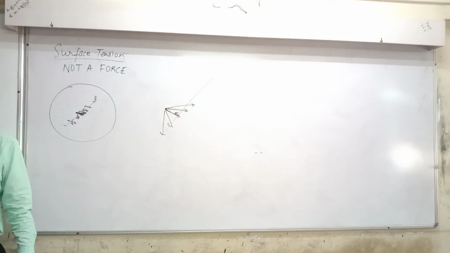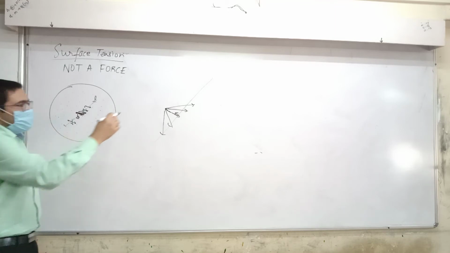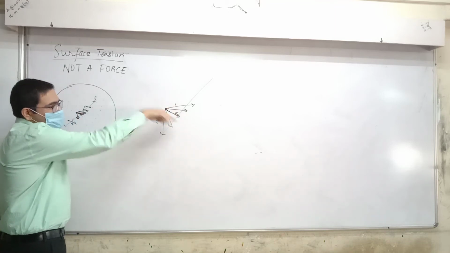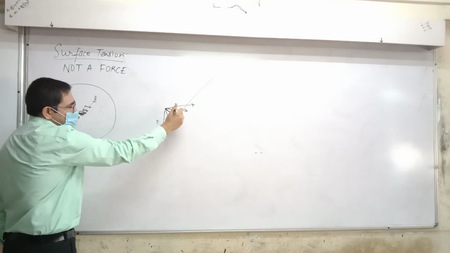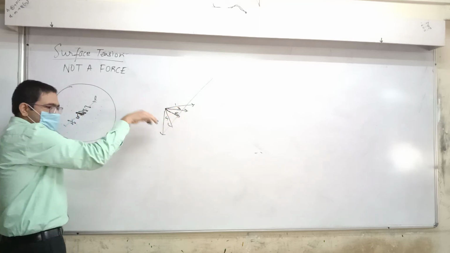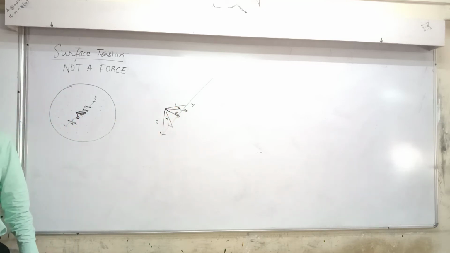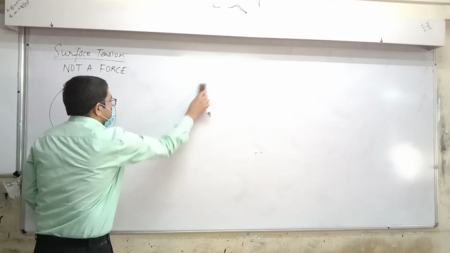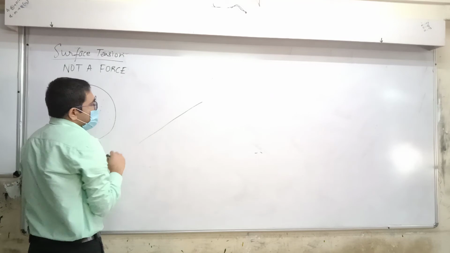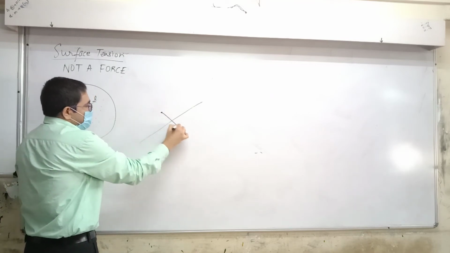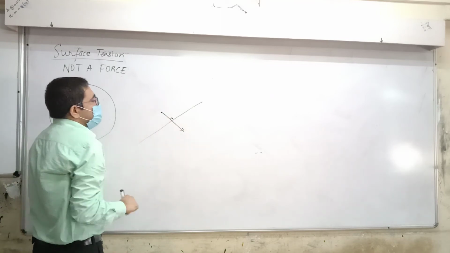Yes or no? Clear? If you add, let's say force 1 and 2, then their resultant is perpendicular to this line. Then if you add 3 and 4, once again, the same thing is going to happen. Clear? So ultimately, the net force is in this line.